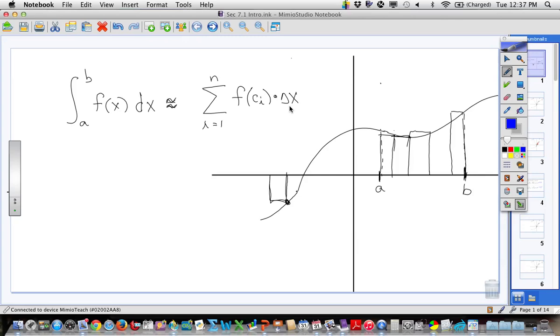Well, we do the length of the rectangle times the width of the rectangle. The width is the delta x, okay? The length of the rectangle is this function value. If the function is above the x-axis, then this is a positive value. So we have positive length times positive width, that's a positive area. But over here, what's this function value?